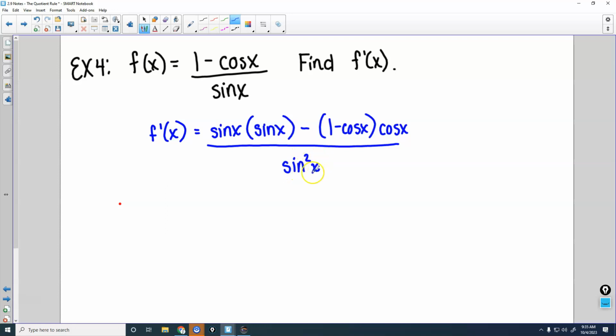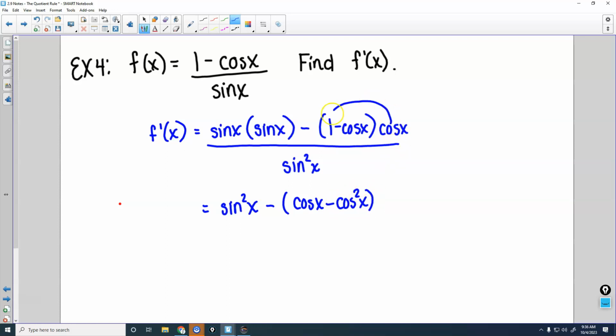sine squared x. Do you actually remember it? Is that actually 1 minus cosine something? Actually, if it's squared, yes. 1 minus cosine squared x is sine x. So sine x times sine x is sine squared x. And then this is going to be cosine x minus cosine squared x.